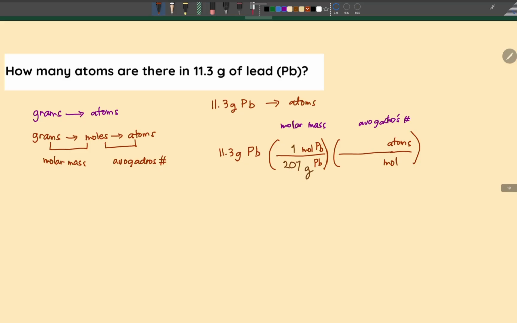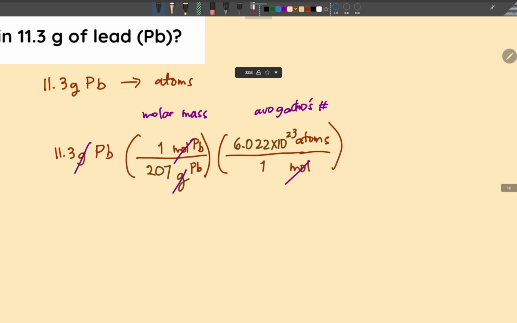Cancel this, so cancel the mole. And for every 1 mole, we have 6.022 times 10 raised to 23. I'm just putting the labels, but anyway, you can skip that part.